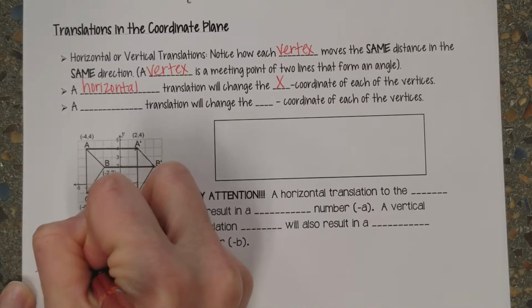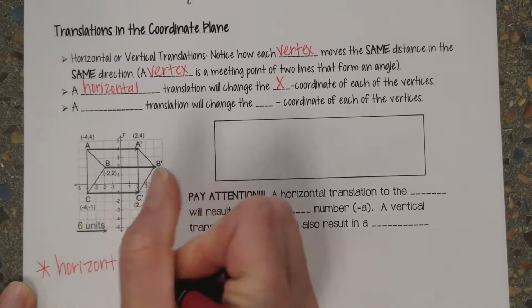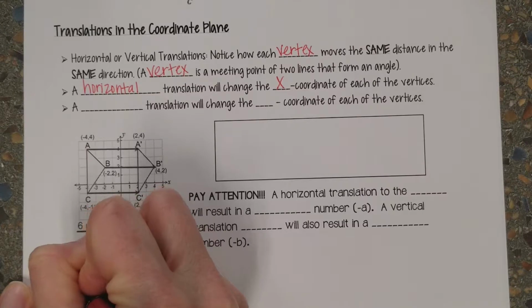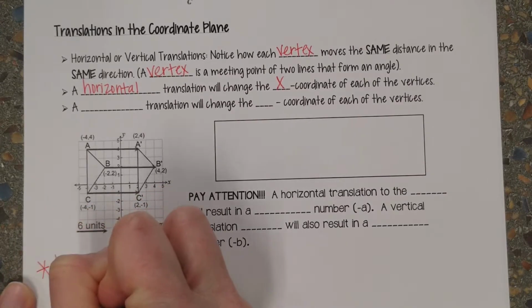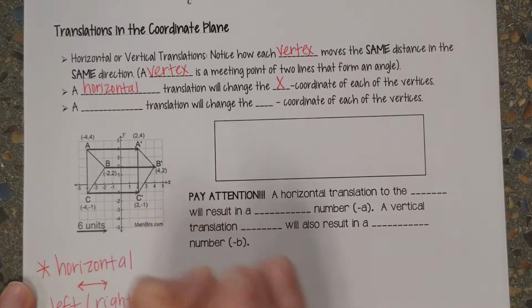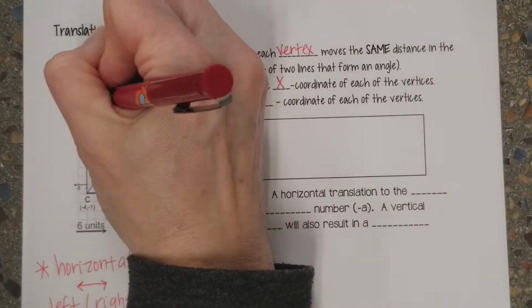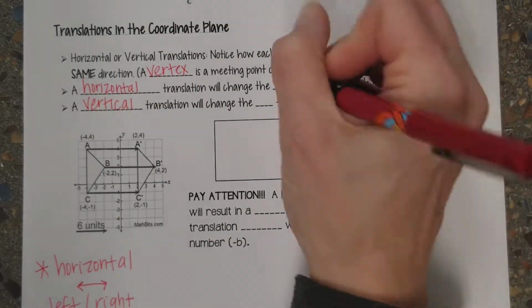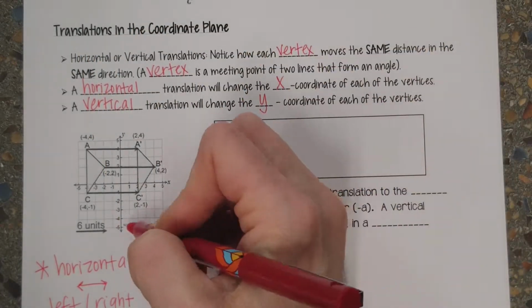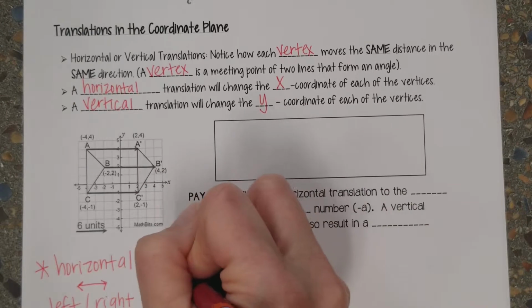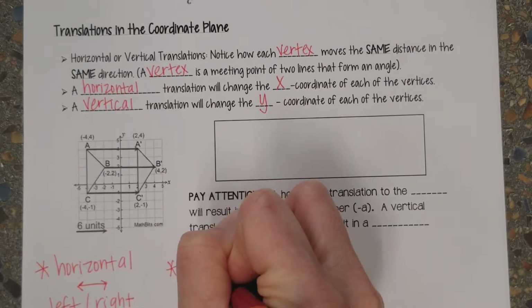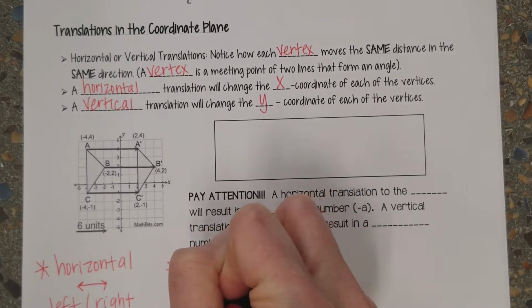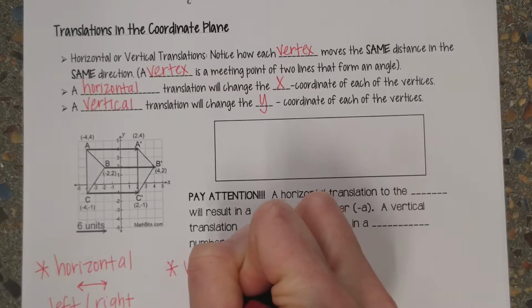Horizontal goes left to right. And then a vertical translation will change the y coordinate because the vertical is up or down. So right here, vertical, it's up, down.